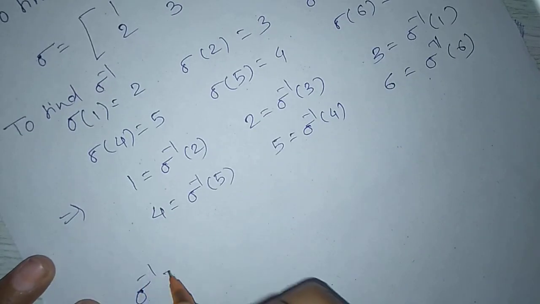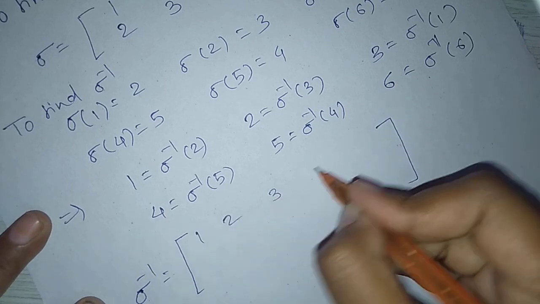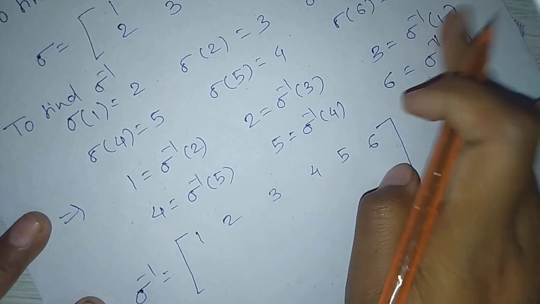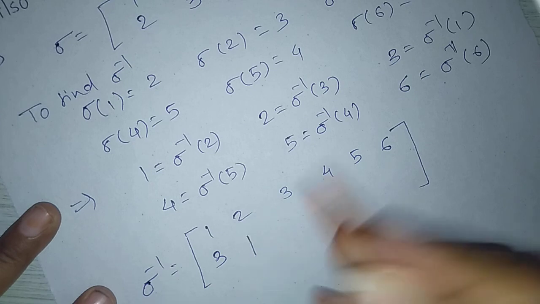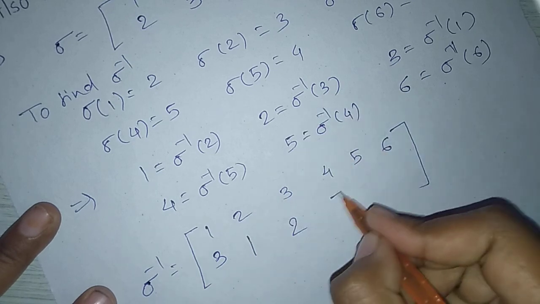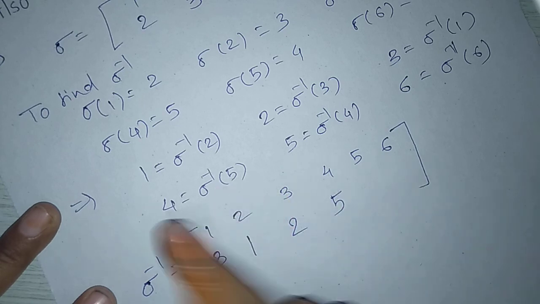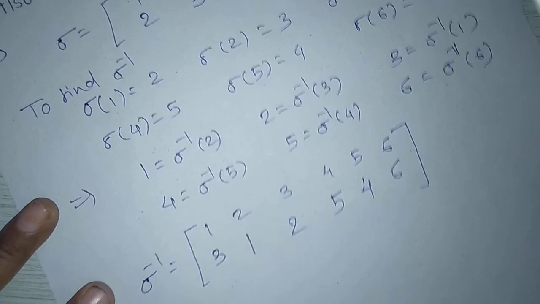So sigma inverse: first write 1 to 6. Sigma inverse of 1 equals 3, of 2 equals 1, of 3 equals 2, of 4 equals 5, of 5 equals 4, of 6 equals 6.